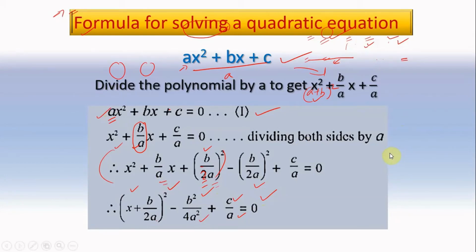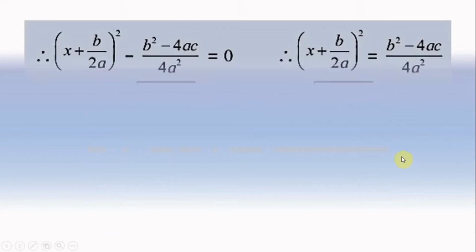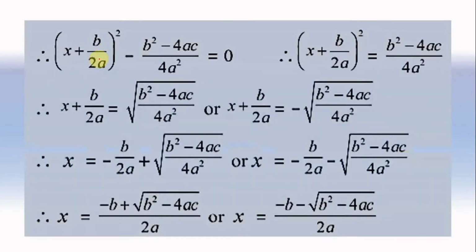Let us go ahead. From here onwards, this part of the equation is maintained as such, and in the second part we take the LCM, 4a square, which can be written as b square minus 4ac upon 4a square.